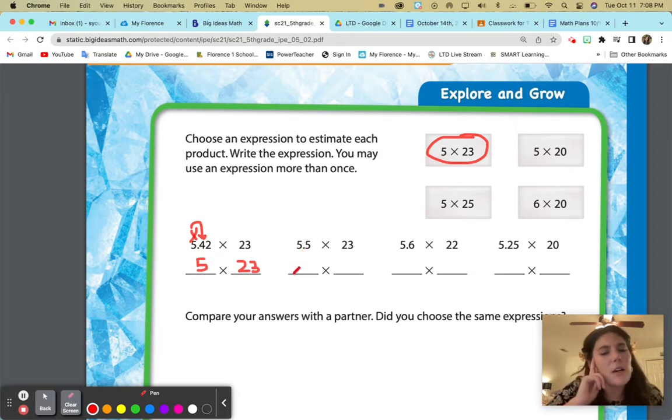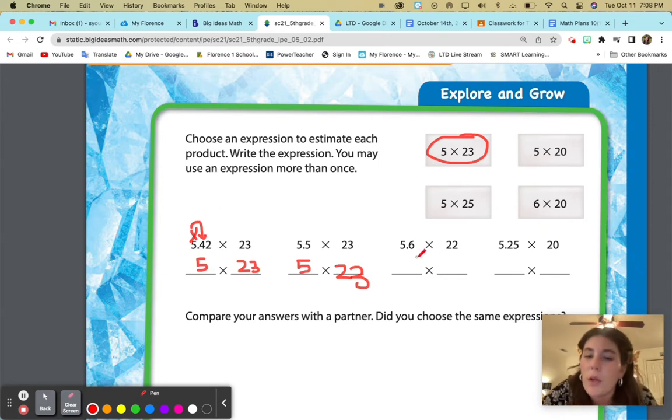Now, I know that if I round that to the nearest whole number, this neighbor 5 is going to say, hey, you need to bump up to 6. But guess what, friends? If I keep this as 6 times 23, is that one of the expressions? No, it's not. So, friends, listen, could I say this is still roughly 5 times 23? Absolutely, because 5 and 5/10 is still in the 5 to 6 range.